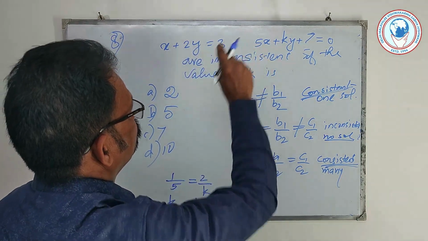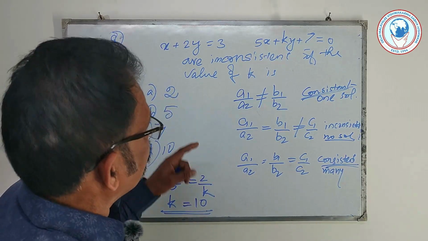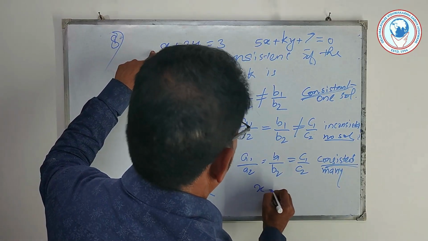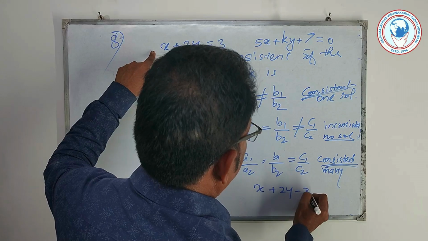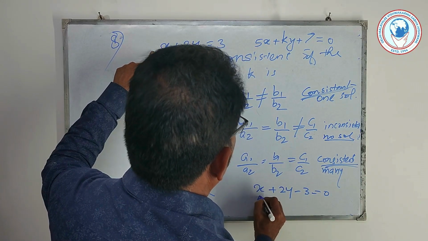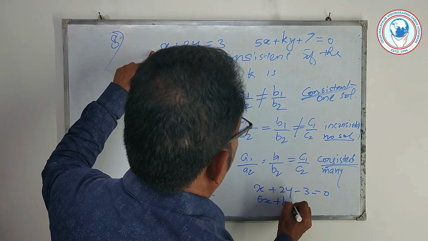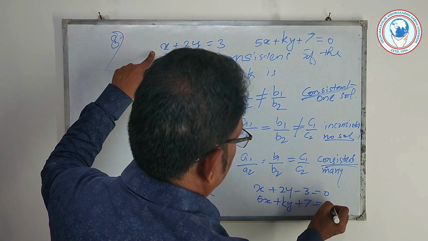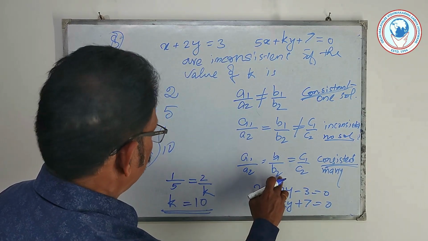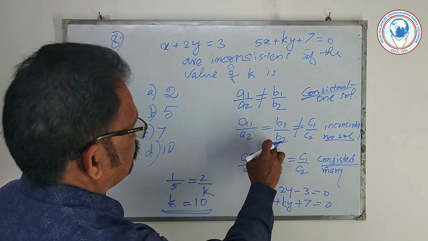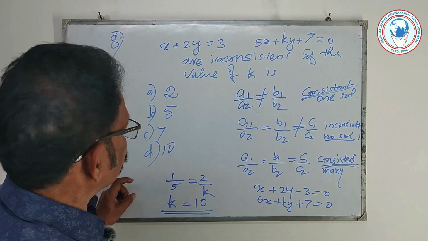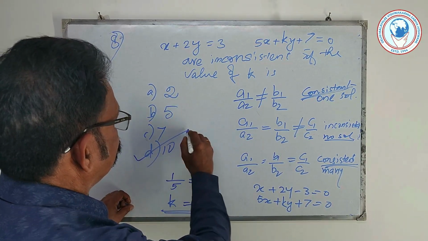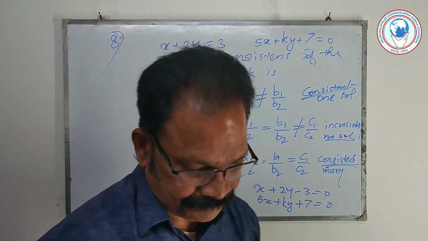First here also, we have to write this in the standard form, that is x plus 2y minus 3 is equal to 0, 5x plus ky plus 7 is equal to 0. Anyway, 1 by 5, 2 by k. So k is equal to 10. So our correct option is D.